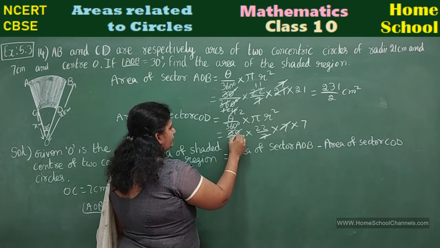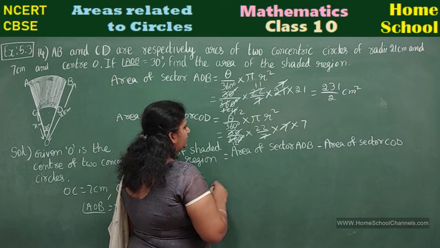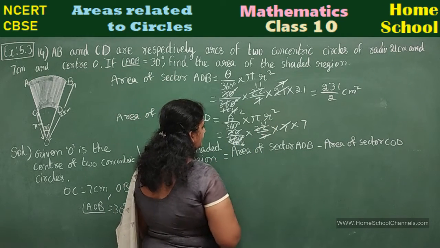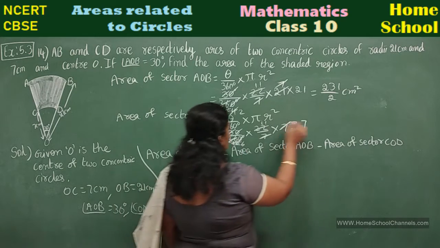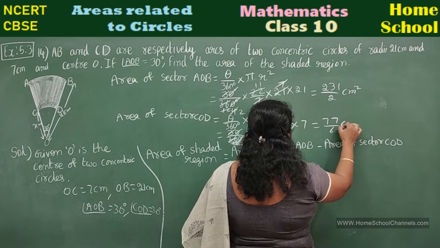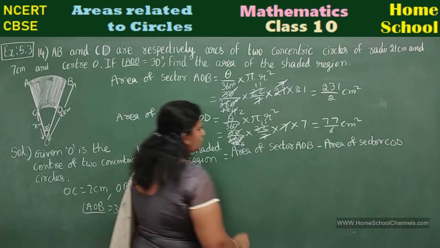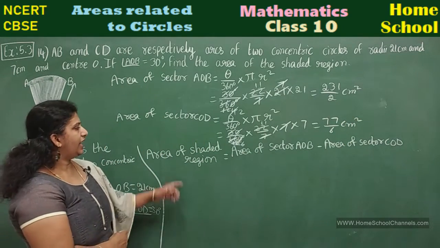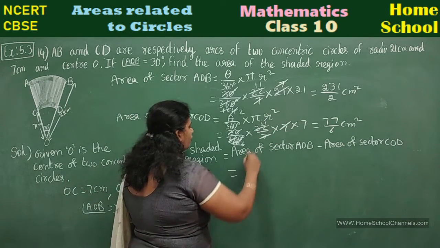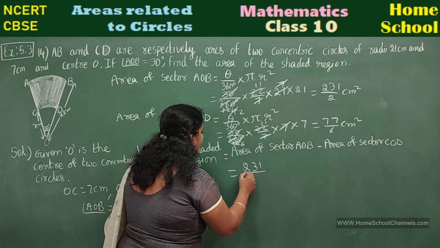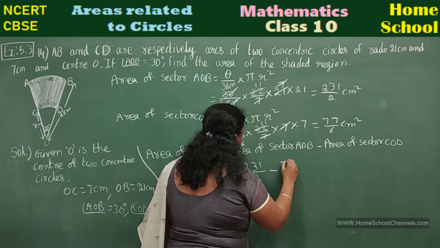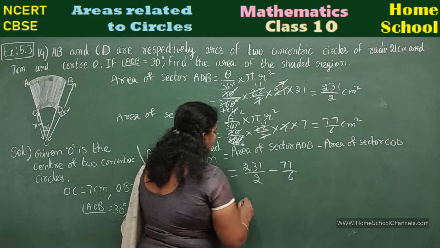So 77 by 6 centimeter square. Okay, area of the shaded region is equal to area of sector AOB, that is 231 by 2, minus area of small sector COD, 77 by 6.